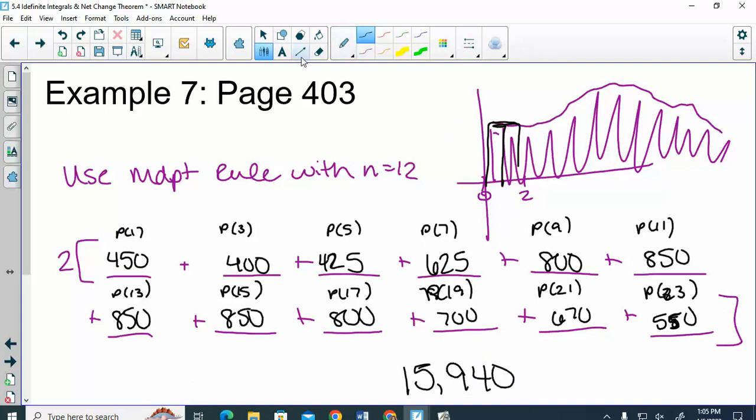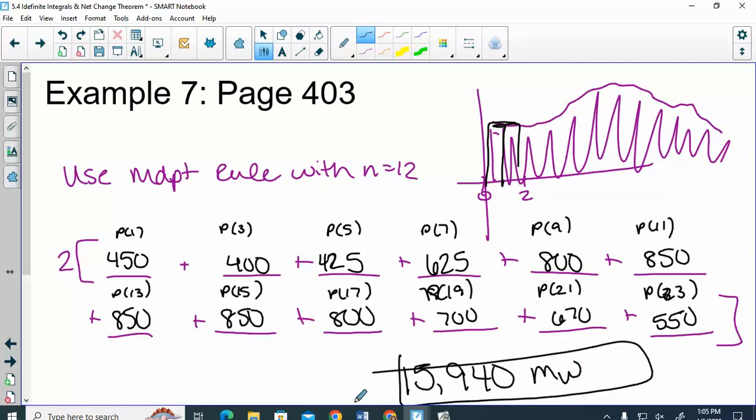I think my last one was really sloppy. That's 550, kind of looks like a 580. And this was estimating the energy, so that would be megawatts.